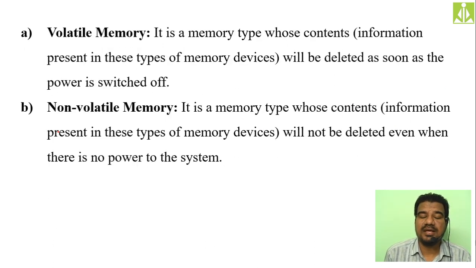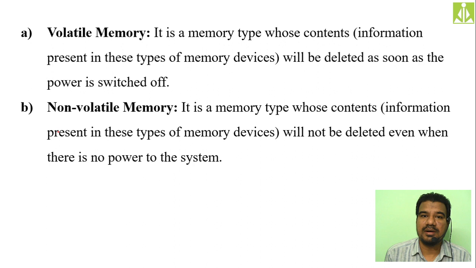What is volatile memory? I have explained this earlier. Whatever data you are storing in this volatile memory, if the power goes down to this memory device, what will happen? Whatever content, whatever data you have stored inside that memory, it will be lost. It will be deleted.